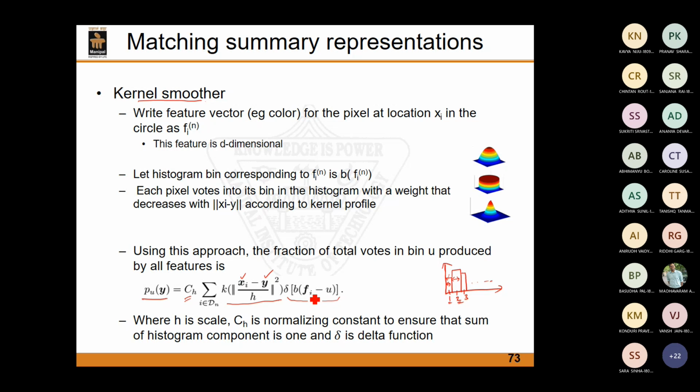So if the feature vector is within the bin number, then the histogram is incremented, and you have the probability density function, which is a function of the kernel, the weighted term here. The first term would exist, whereas for delta of b of f_i minus u, if the f_i does not fall within the histogram bin, then this term would be 0. That means it is not in the bin, and therefore you don't have a contribution over there.